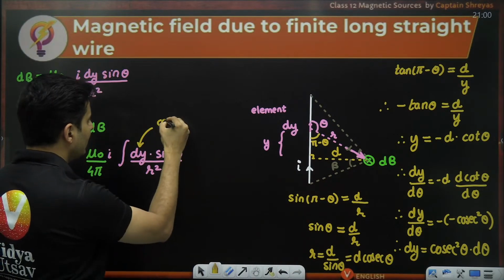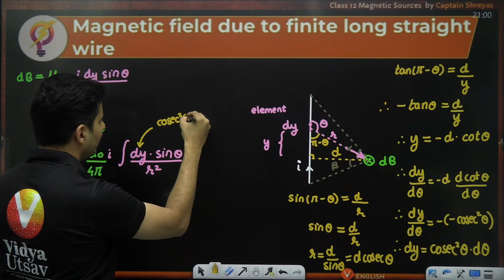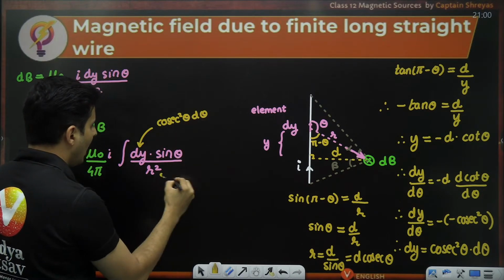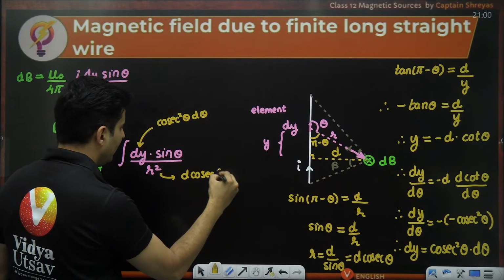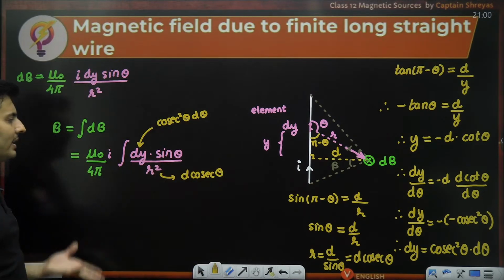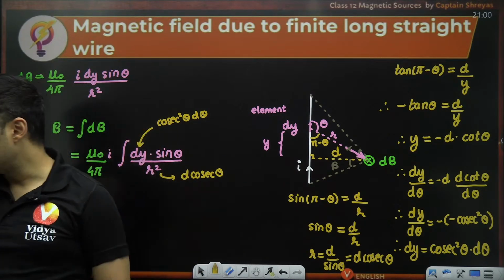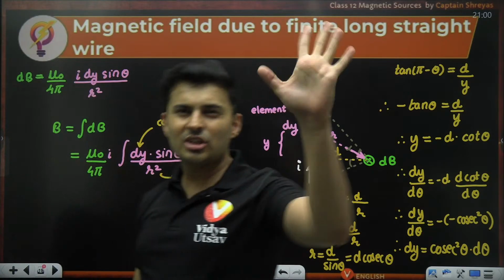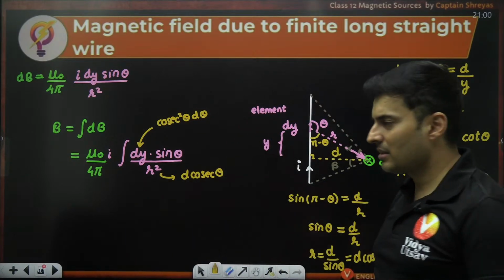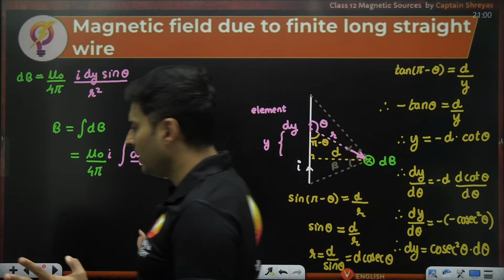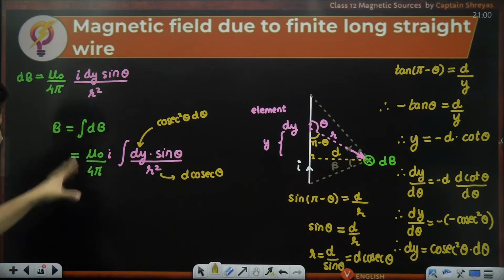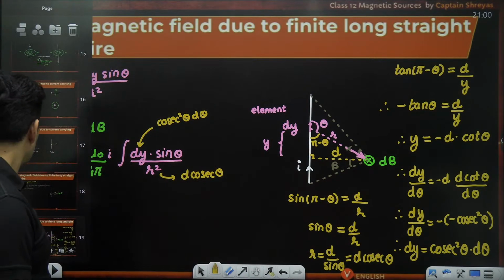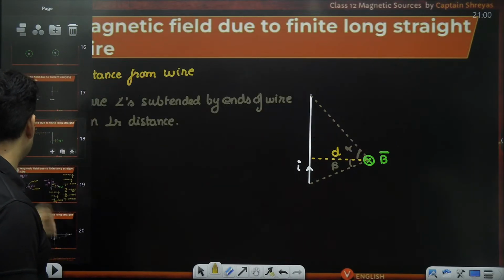Dy is basically cosec square theta d theta. R is nothing but d cosec theta and all of that. So solving this, you will get the final answer. Got it? You understood the method now. That is important, that is needed. Now the exact procedure is over here. After this, you will be able to do it. So what is the answer, sir, that we will get?